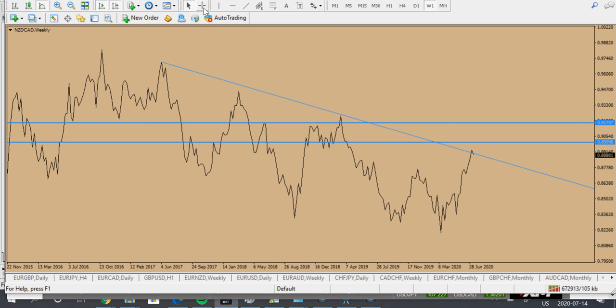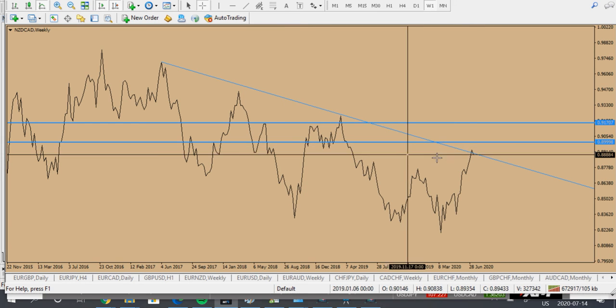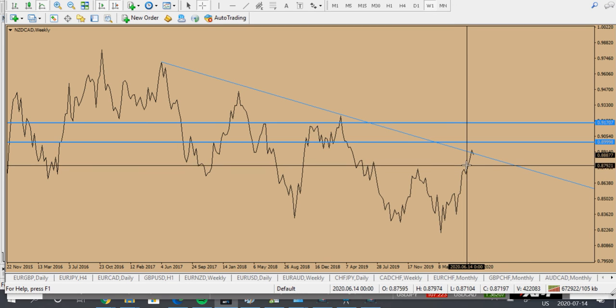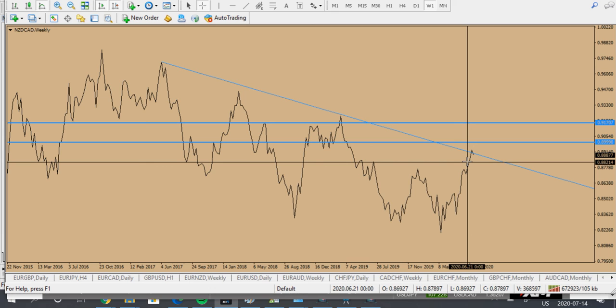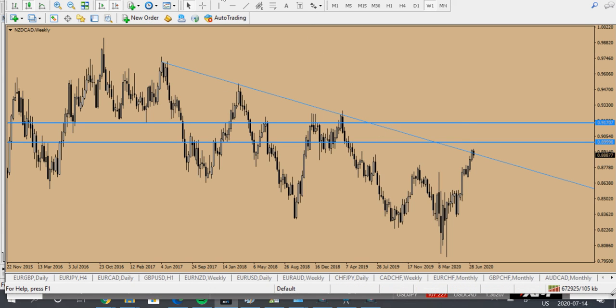In terms of the weekly, it already hit the weekly support resistance, right? So actually at the moment it's going down. Where I would reconsider trying to re-enter a buy would be around that area.